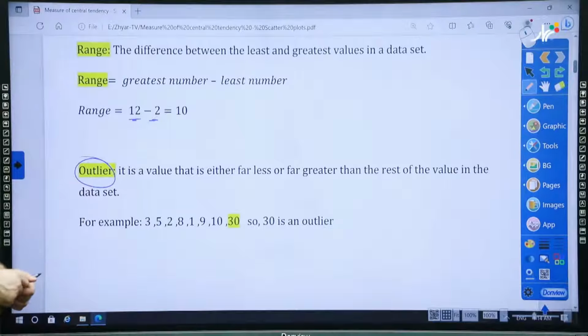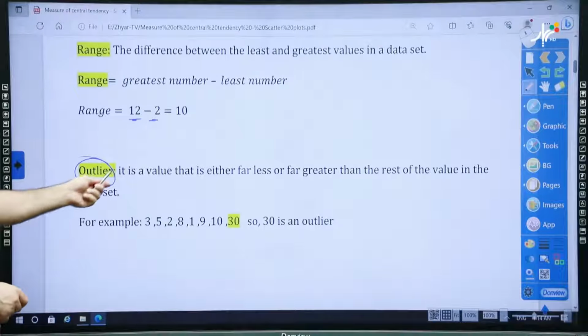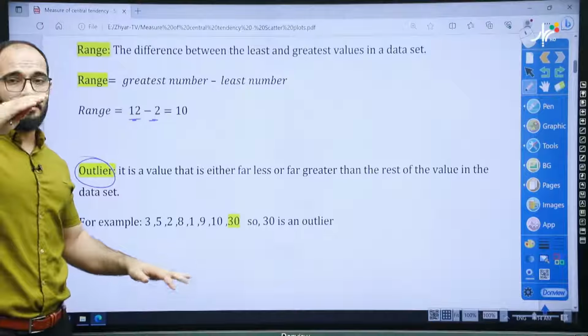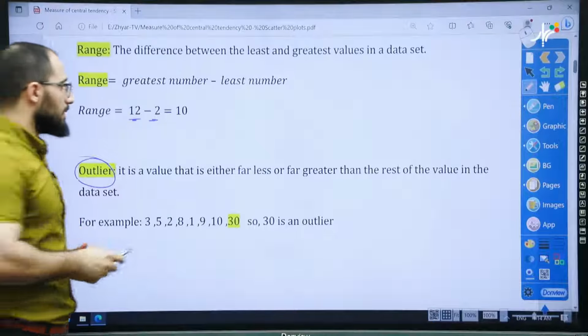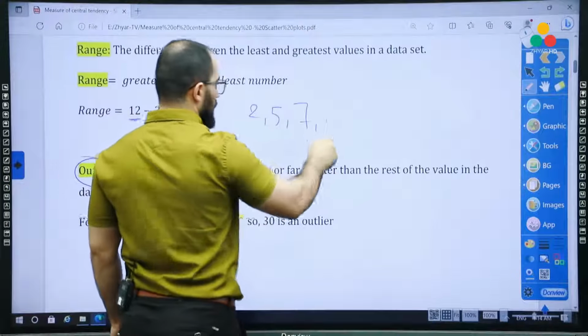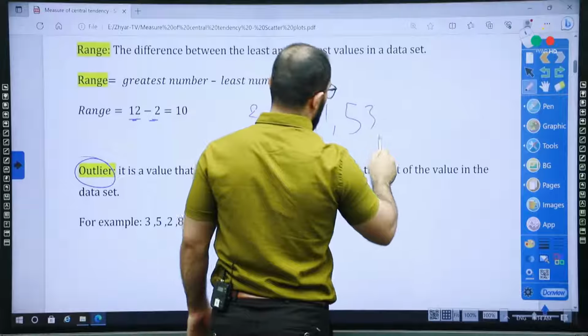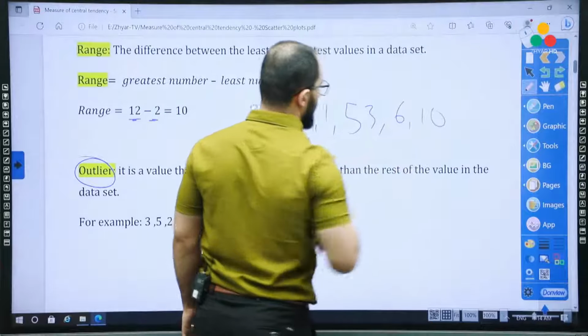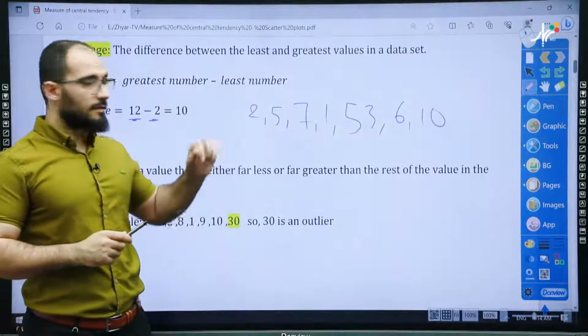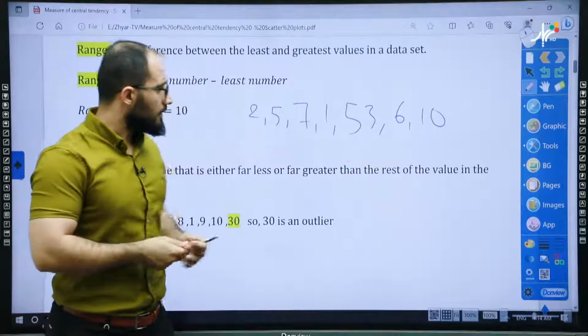An outlier is a value that's much greater or much less. For example, let's say we have 2, 5, 7, 1, 53, 6, and 10. When you read the data, your eyes go directly to that number.